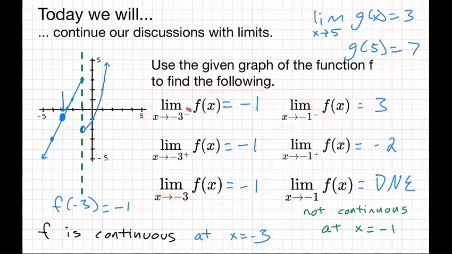Yeah, so when you look at x equal to -3, we're focused on approaching this value from both sides, right? Now, what you see is if I use all these points and I follow that line, it points to that. All these values are pointing to this individual ordered pair, right?